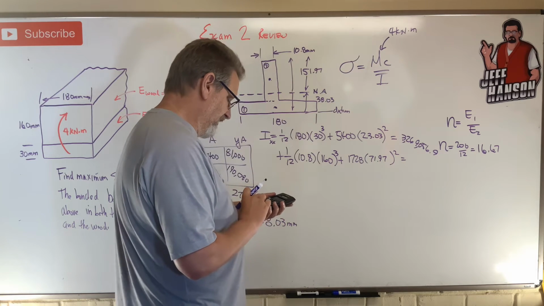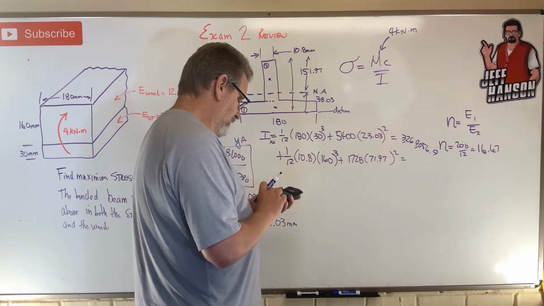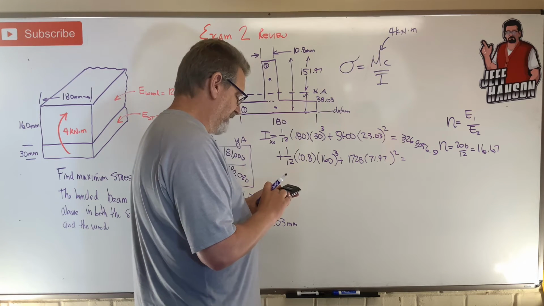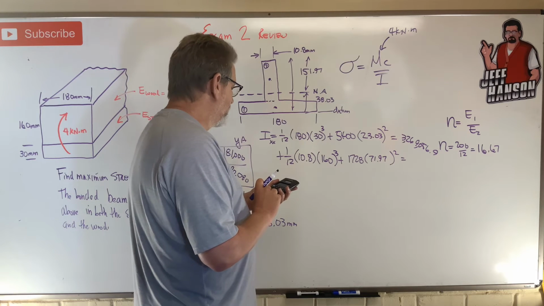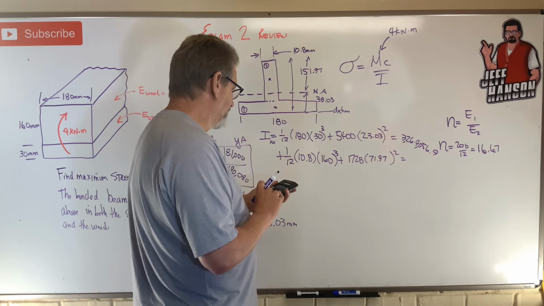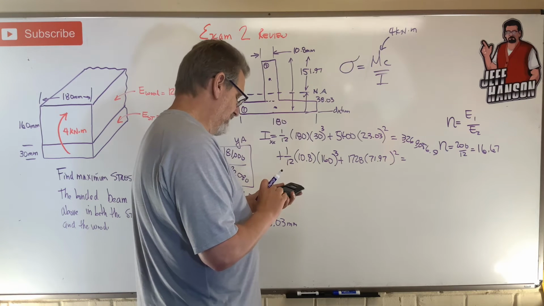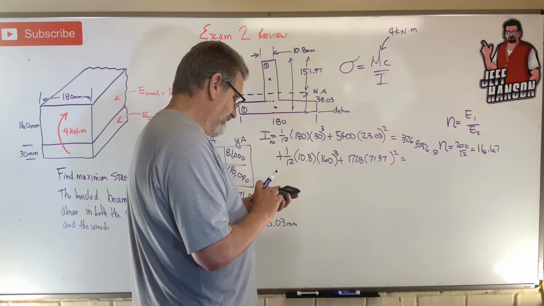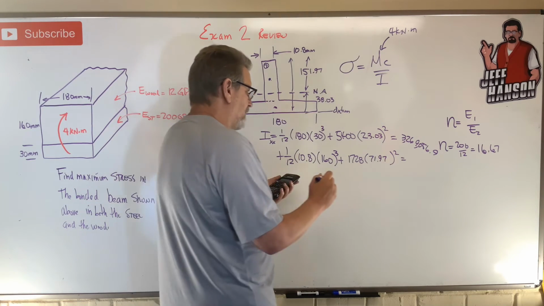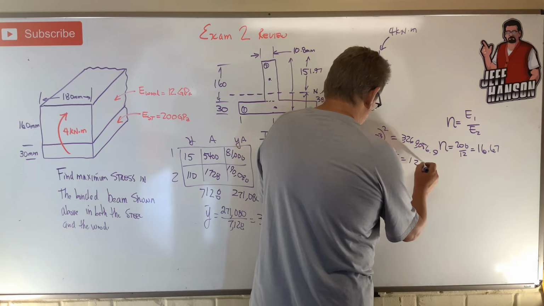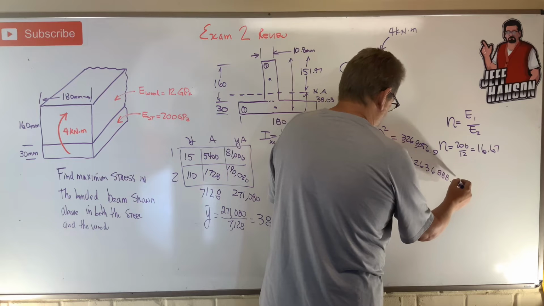Here we go one more time. 10.8 times 160 cubed divided by 12, plus 1728 times 71.97 squared equals 1,263,688.8.